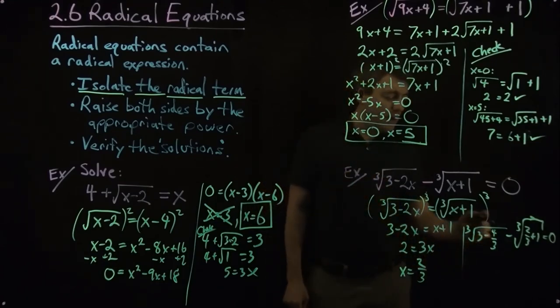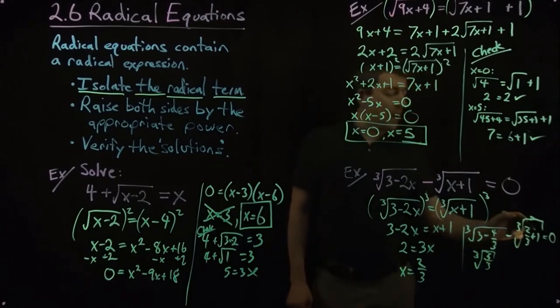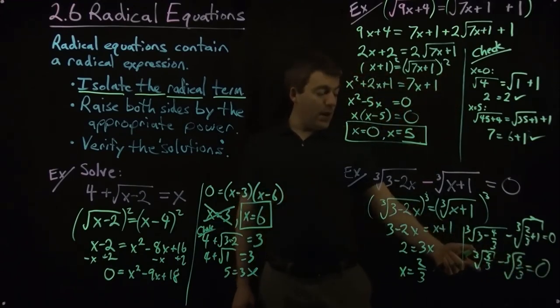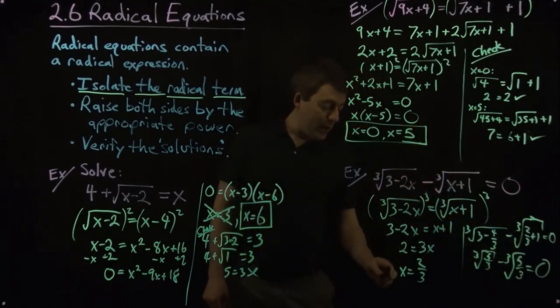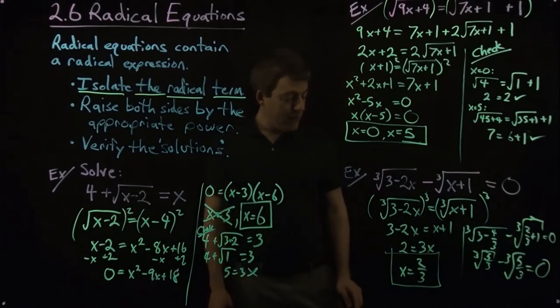So 3 minus 4/3, so that's going to be 9/3 minus 4/3, will be cube root of 5/3. And then over here we have 3/3 plus 2/3, so minus cube root of 5/3. And so we've got cube root of 5/3 minus the cube root of 5/3. That is indeed 0. So x equals 2/3 is our solution.